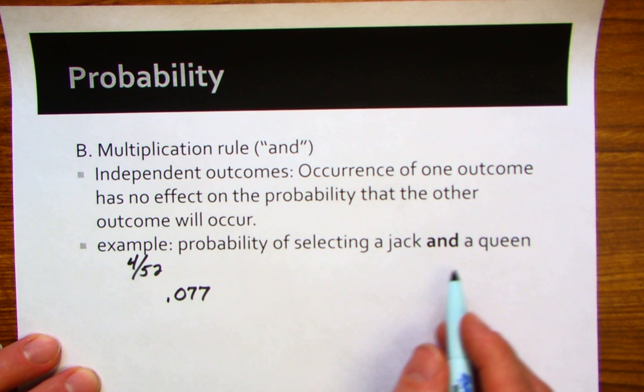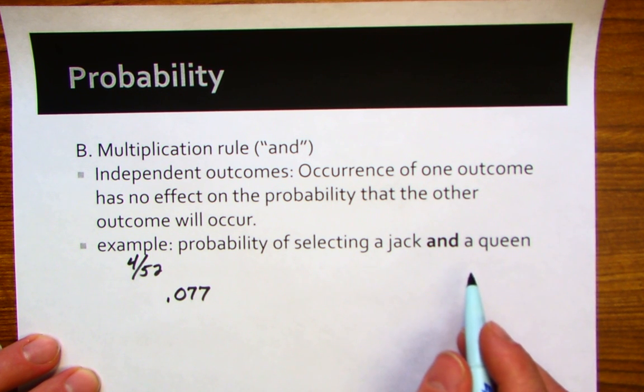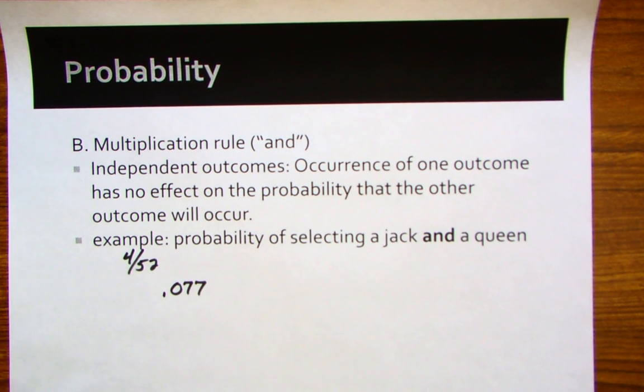And then and a queen. In this example also, what we're assuming is random sampling with replacement. That is, we would select a card, look to see if it was a jack or not, replace it, shuffle the deck again, and then pick another card. So we're assuming random sampling with replacement.